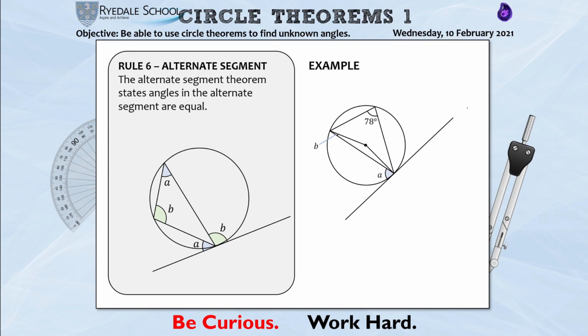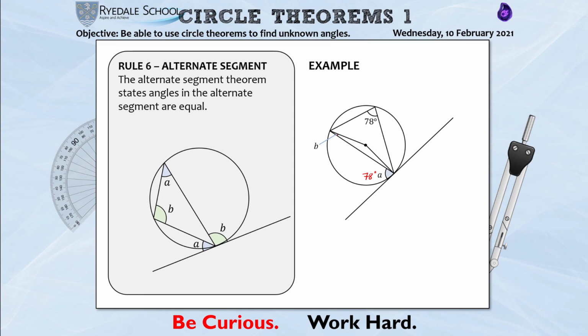What we have here is a tangent, we have our embedded triangle. In fact, we actually have two triangles. But what I'm looking at is angle A, and angle A is the same as 78 degrees. And that is just using the alternate segment theorem. If you're interested in a proof of the alternate segment theorem, you will see that in our next revision lesson.